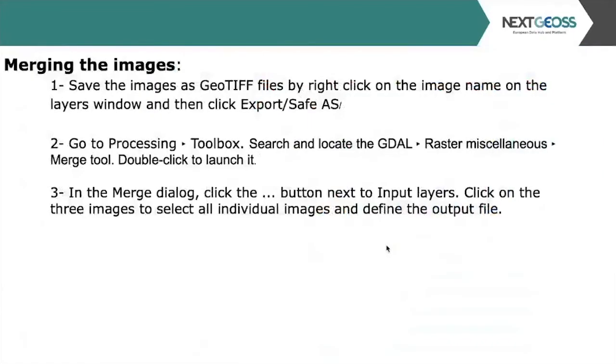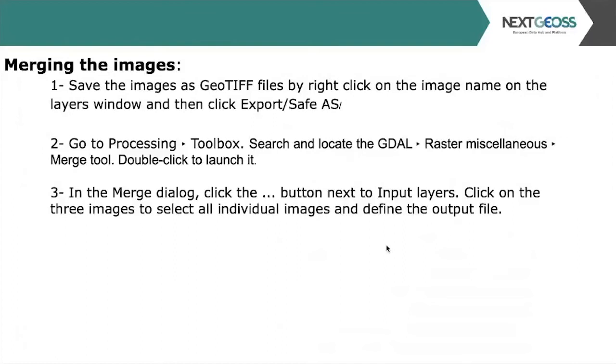How can we do that? There are clear steps. First of all, I will save all the images because, as I mentioned, they are NextGEOSS files. I will save them as new files and then export them. After that, on the top of the software, I will go to the processing toolbox.